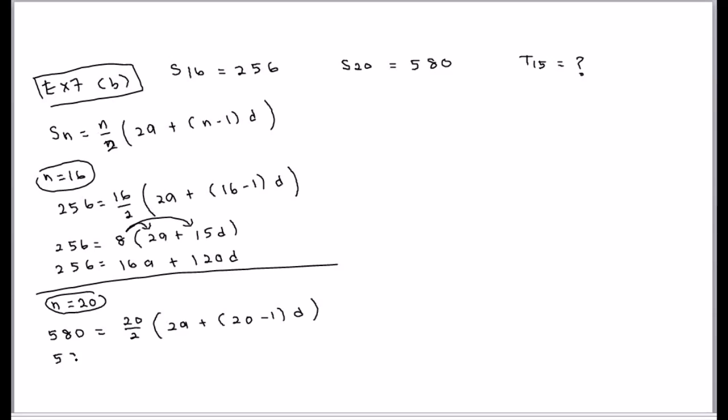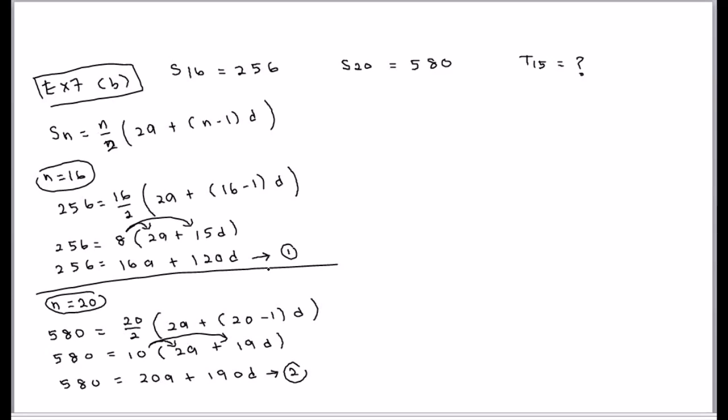Simplify. 20 divided by 2, 10. 20 minus 1, 19d. 580 equals 10 multiplied by 2a, we get 20a. 10 multiplied by 19d, we get 190d. So this is the first equation and this is the second equation.